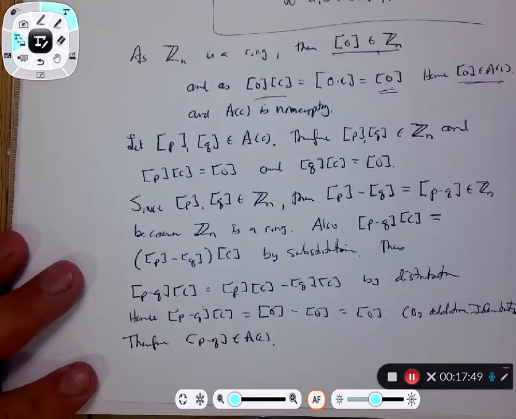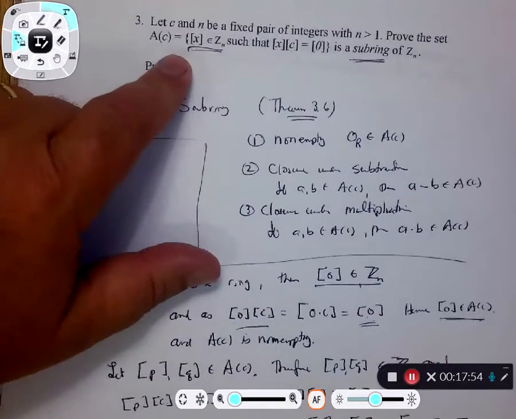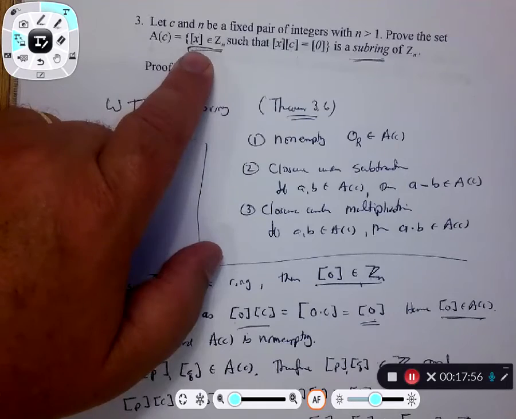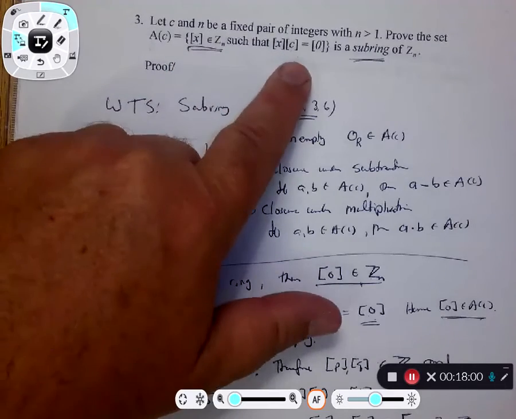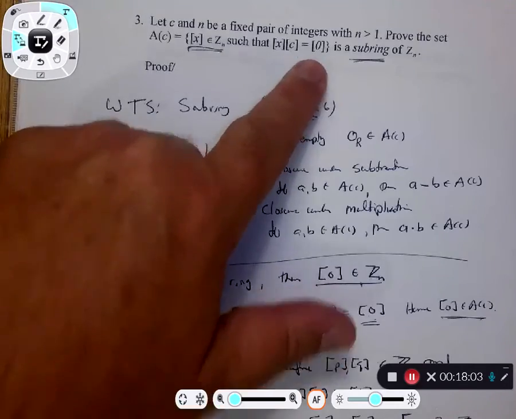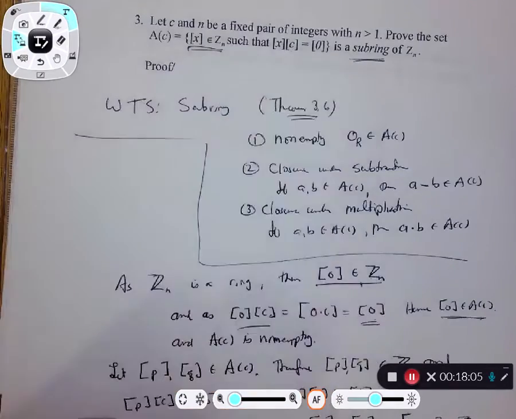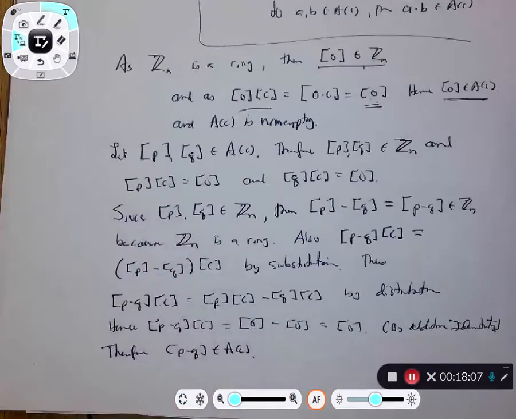Why is it an element of AC? Again, I'm going to go back over here and talk about the structure. AC is equal to all the elements X that come from Zn, such that when I take X multiplied times equivalence class C, I should get 0. Where do I come from, and what property do I have? Where does P minus Q come from?